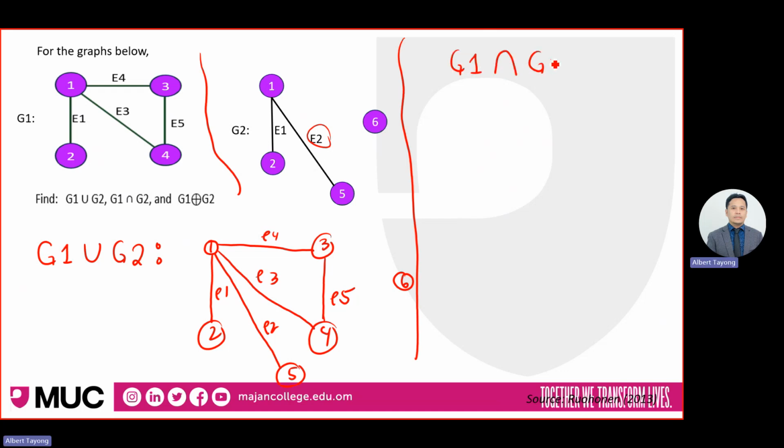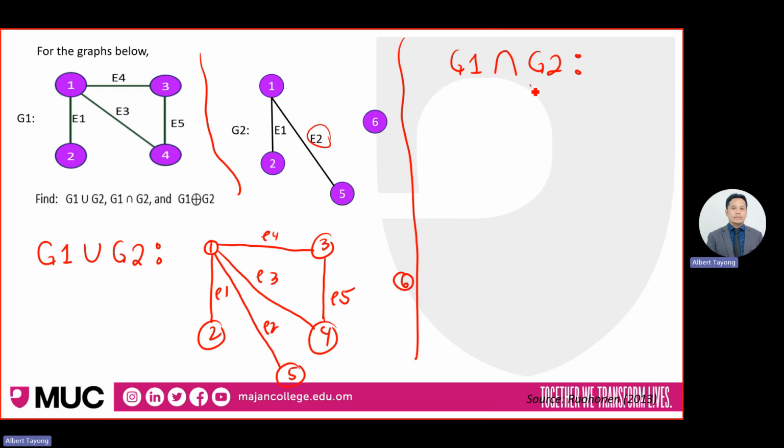Okay, now the second one is G1 intersection G2. Intersection means common elements. So those points and edges that you can see on both graphs. So we can see 1, okay, and 2, as well as E1 in both graphs.